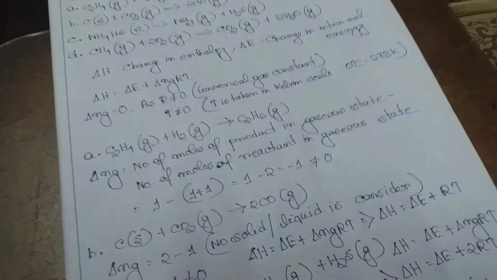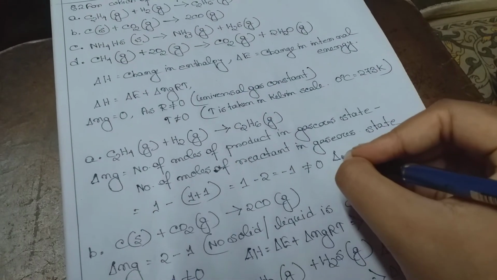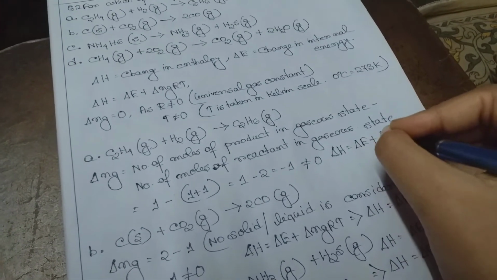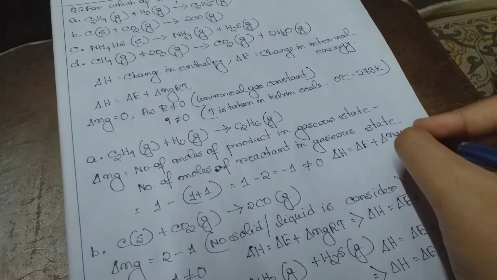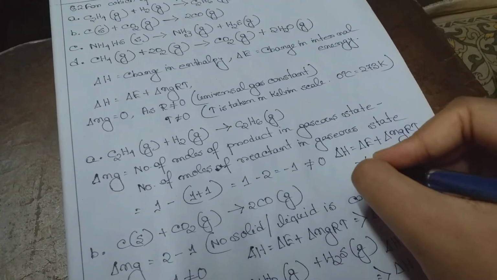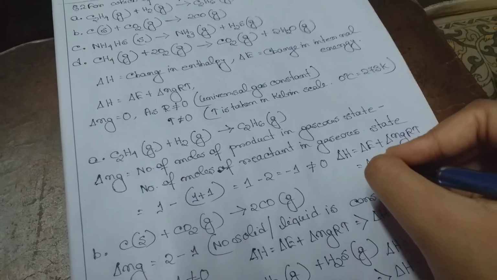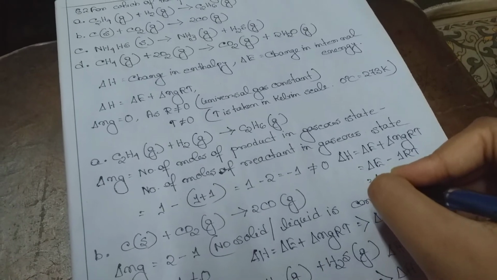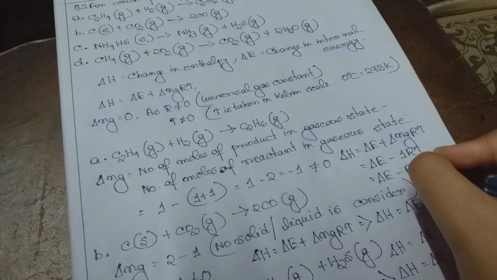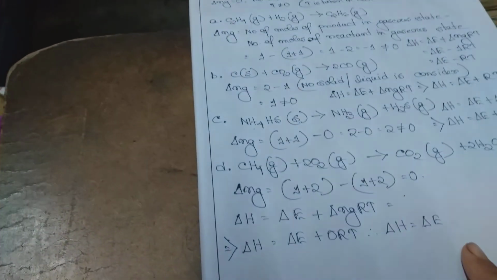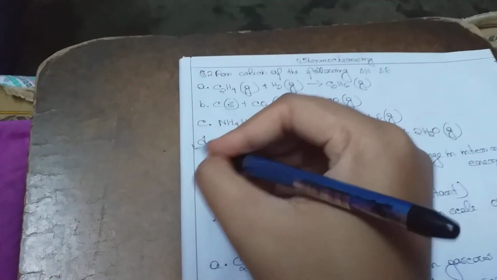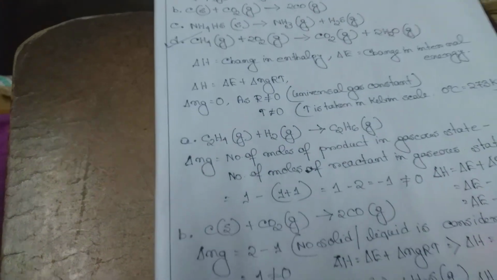In option A, delta H is equal to delta E plus delta Ng RT, so delta H is equal to delta E minus 1 RT. So, for option D only, we find delta H is equal to delta E. So option D is correct. Thank you.